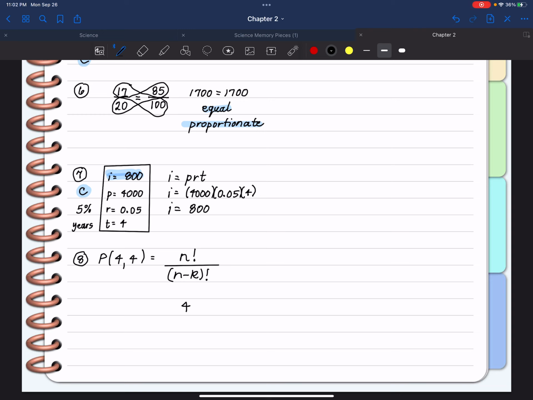So 4 factorial over 0 factorial. Remember, when you have n and k as the same value, you can simply just do the factorial and get the same answer. But if you forget that, you can go through the steps and get B, 24.